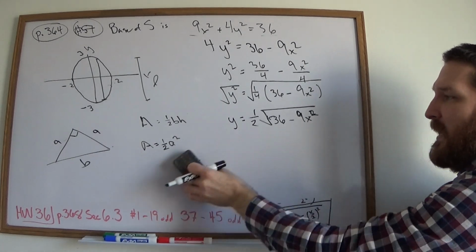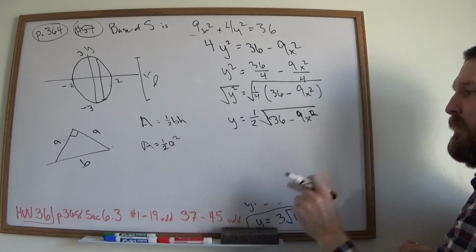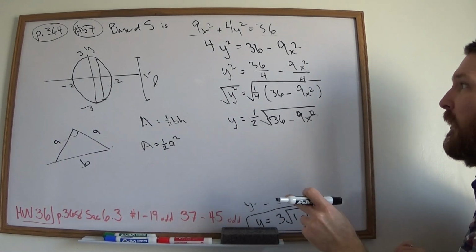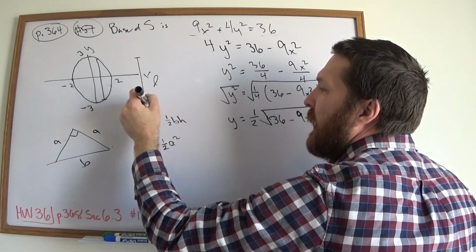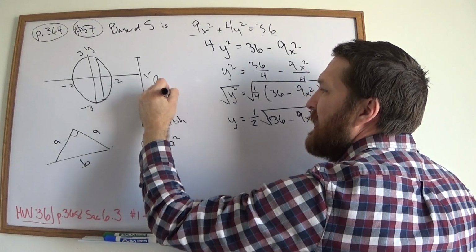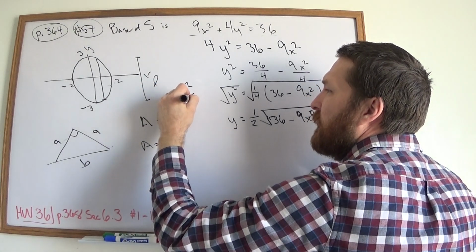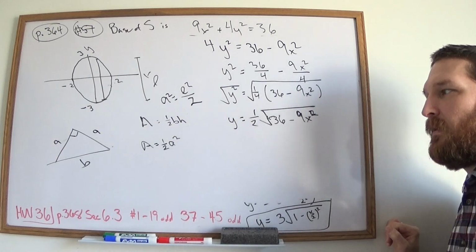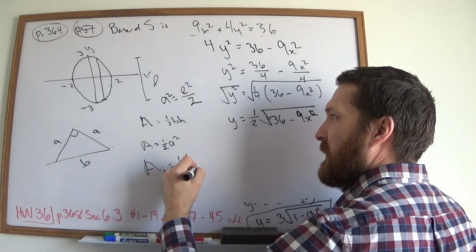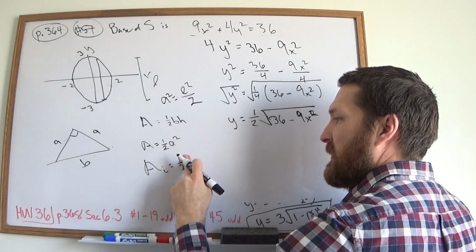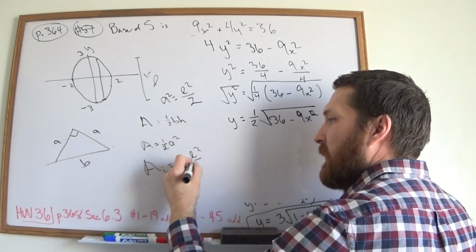That's y. But we don't care about y, we care about L. And I just erased it, didn't I? I said that if we know L, we know that the area a squared is equal to L squared over 2.